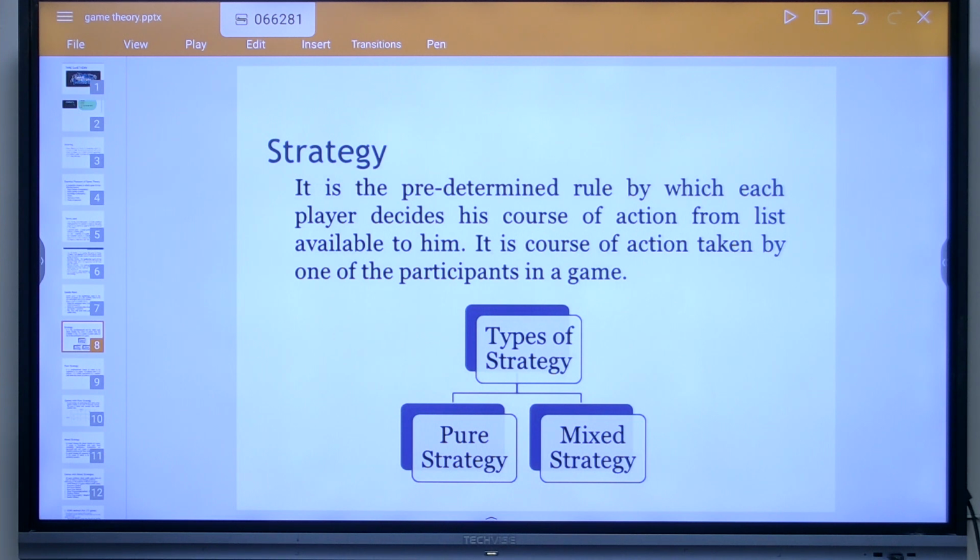We have two different strategies, a pure strategy and a mixed strategy. A pure strategy is completely deterministic, and a mixed strategy is based on probability, and it is probabilistic.